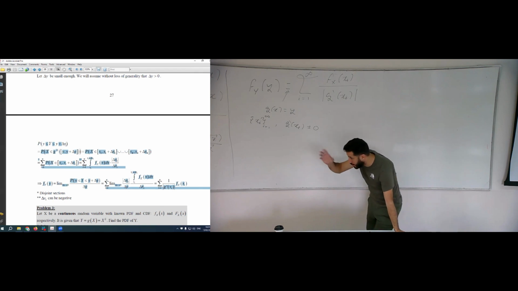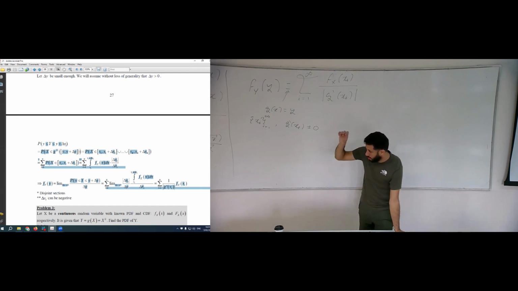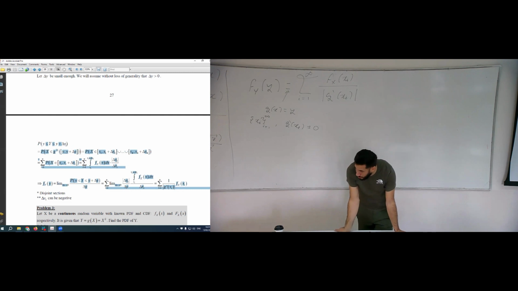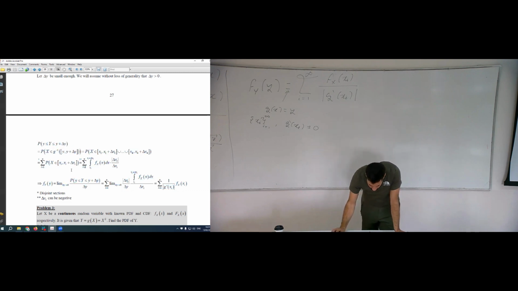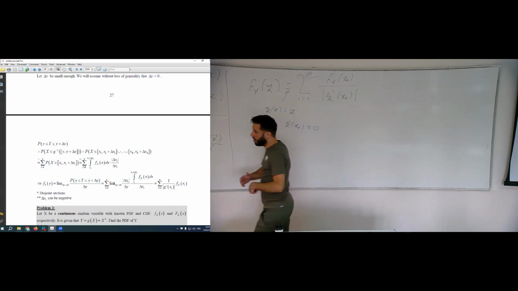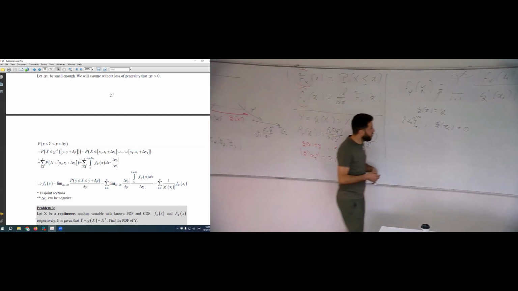When we take delta x and delta y to be 0, the ratio between them is the derivative, and we can prove this. Okay, it's not hard, but I want you to see the proof in another way.